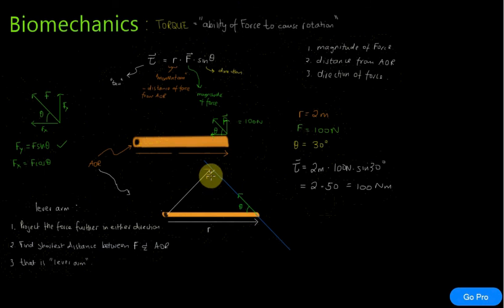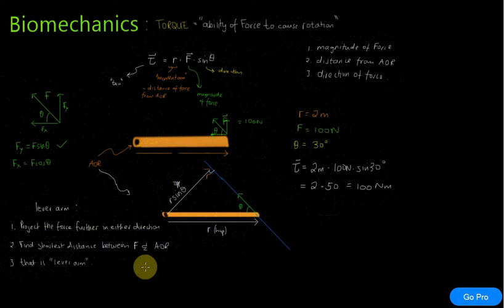R is the hypotenuse, and this is the side opposite the angle, so it becomes R sine theta, right? The length of my lever arm is going to be shorter than R because this force is being applied at an angle.